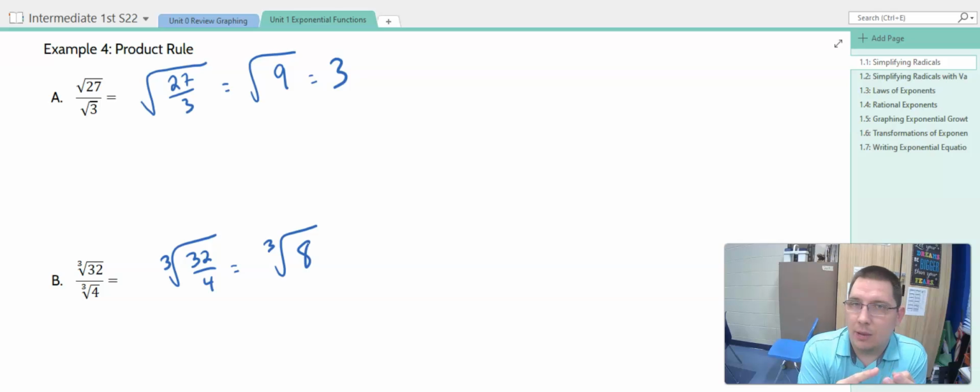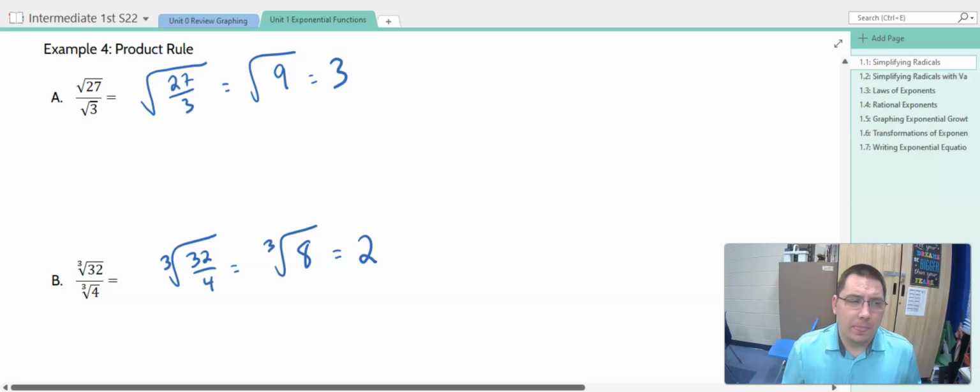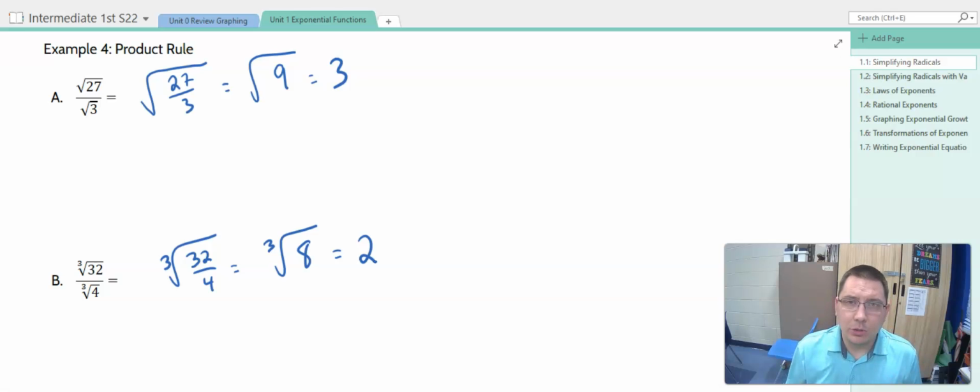Well, 2 times 2 is 4. And if we multiply that by another 2, we get 8. So the cube root of 8 is 2. So as we look at product and quotient rule, we're looking at how we can simplify these radicals through these properties.